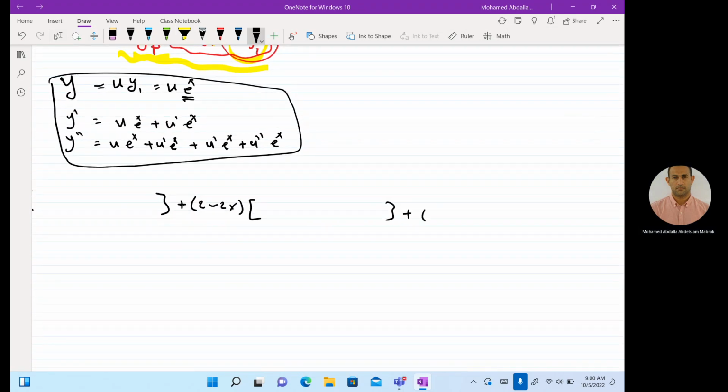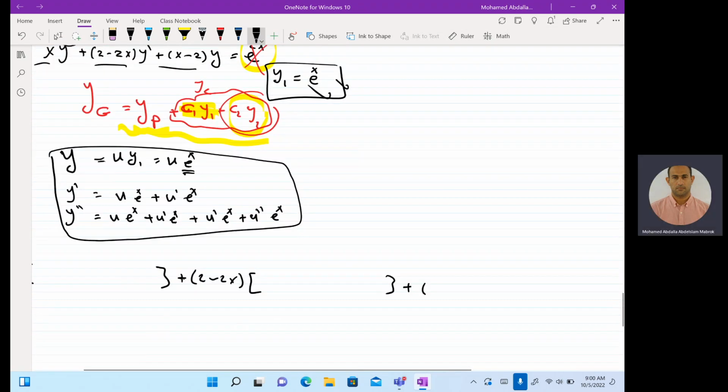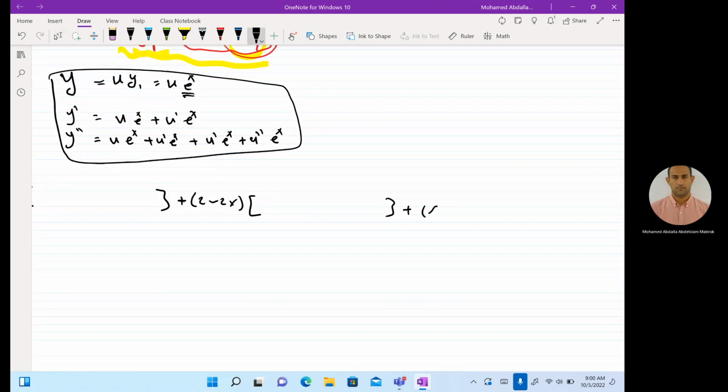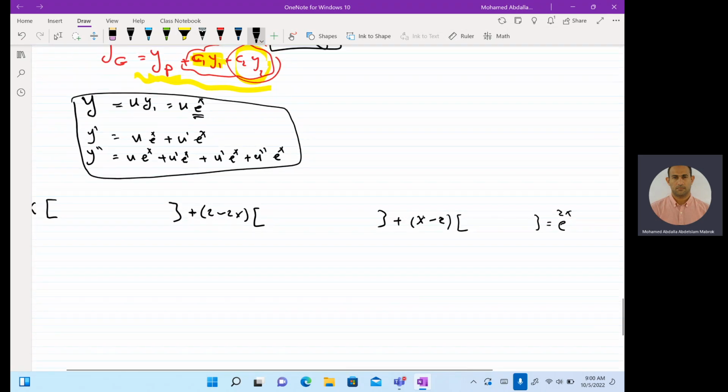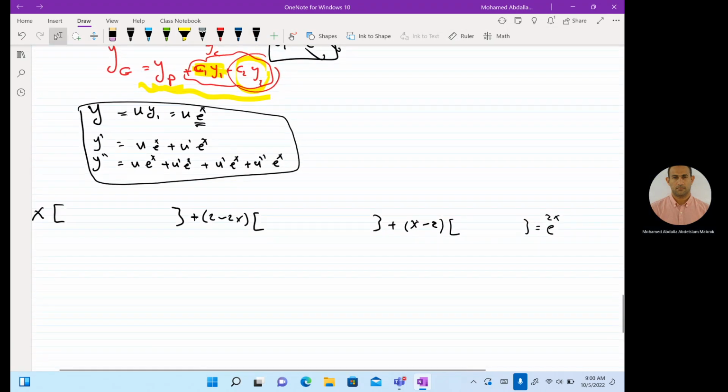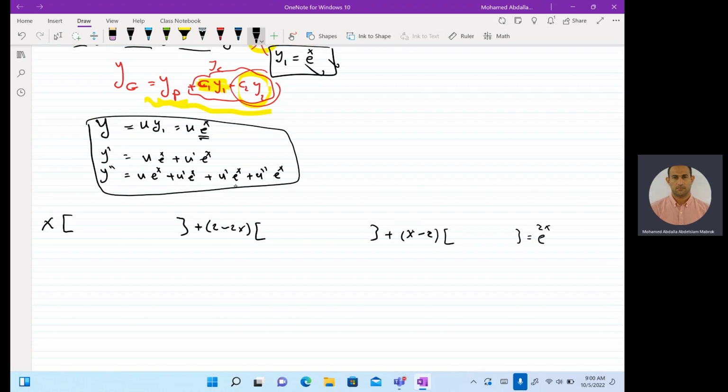Plus x minus 2, that's e to the power 2x, right? Now let's plug in every term. What was y double dash? I guess we can add those two terms, the u dash e to the power x. Yes.